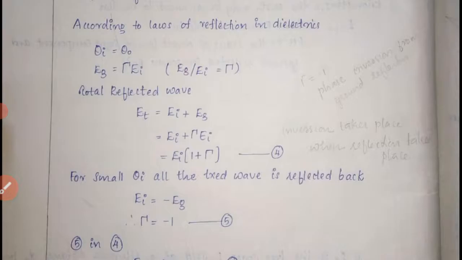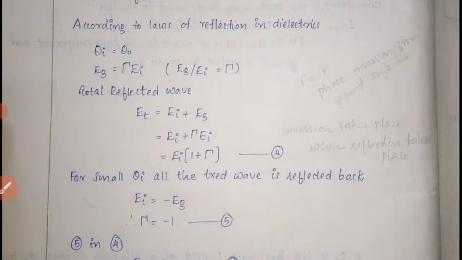Here theta I, the incident angle, is equal to the reflected angle. We can say Eg is equal to gamma into Ei. That is, the reflected electric field is equal to gamma into the incident electric field. So Eg by Ei is equal to gamma. What about the total electric field, the total reflected wave?